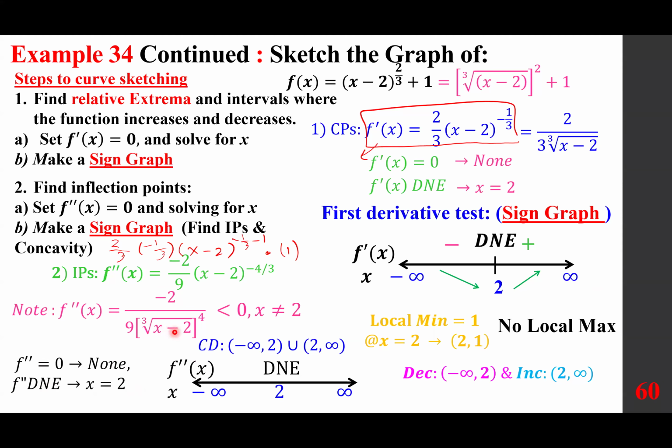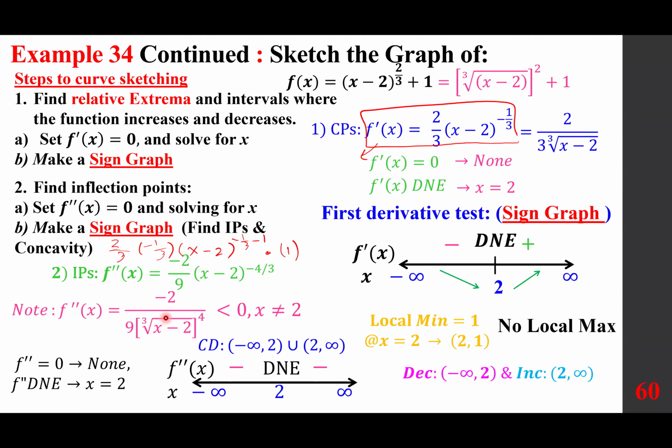If I put 0 here, it becomes negative to the power of 4, positive, positive. This makes it negative. If I put a number to the right of 2, for example, 3, it makes it positive. The denominator is positive, but this makes it negative. So both sides are negative. If you don't see this one, you may have to do that. But as I mentioned, really, I hope you can see this and you don't have to worry about that.